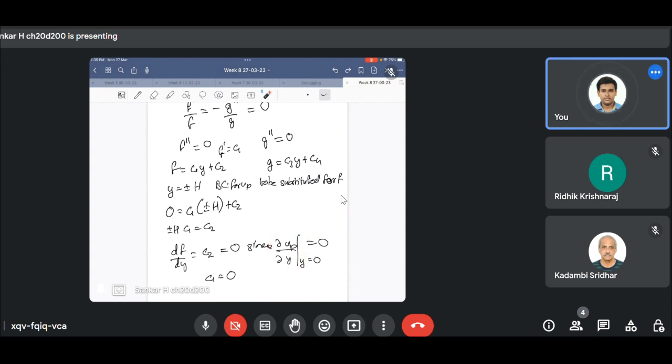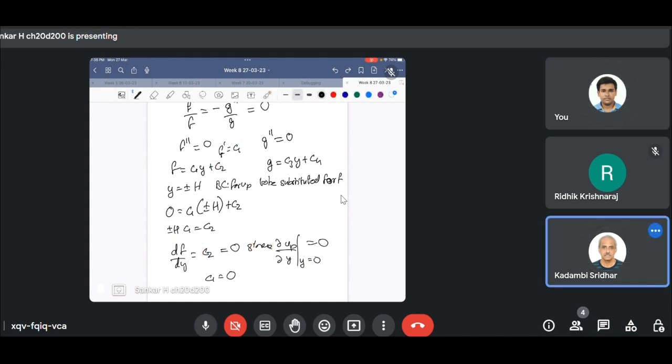So when I put y equal to plus or minus h, I'll get c1 plus or minus h times c1 equal to c2, and when I use the second boundary condition, I'll get c2 to be equal to 0, and f double dash is equal to c1. Fine. Yeah, got it. c1 equal to c2 equal to 0.